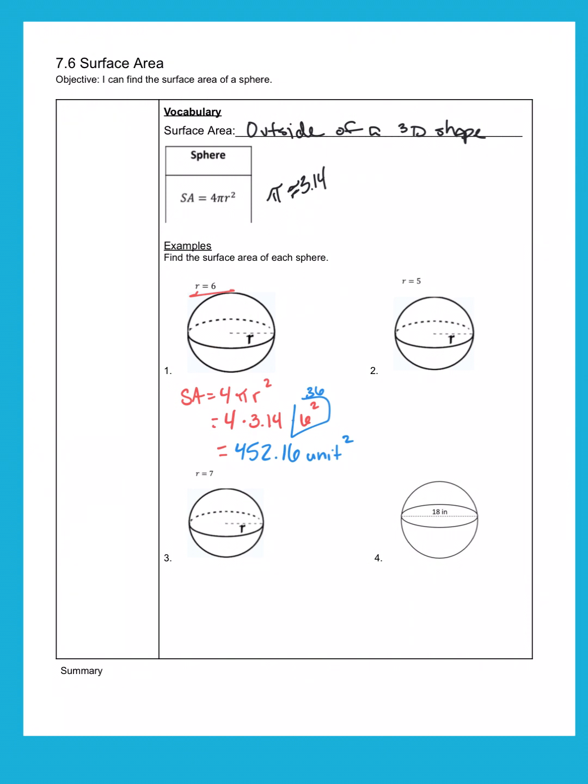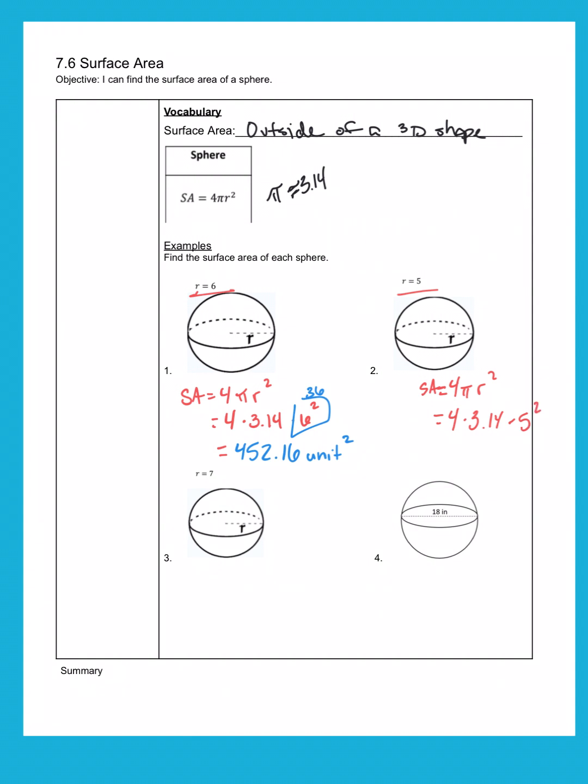Same thing for number 2. Surface area equals 4 times pi times r squared. So 4 is always 4. Pi, we're going to use 3.14. And this radius, it says, is 5. So times 5 squared.